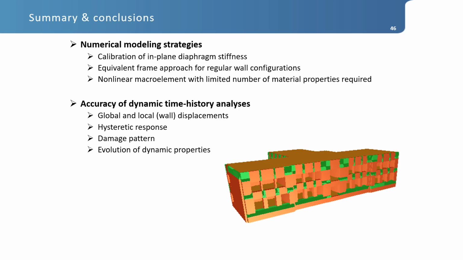This allows to reproduce global and local wall displacements, hysteretic response, damage pattern, and evolution of the dynamic properties with stiffness and strength degradation. So we can say that this model corresponds to the model required from the code, which was something that was valid for this kind of application.